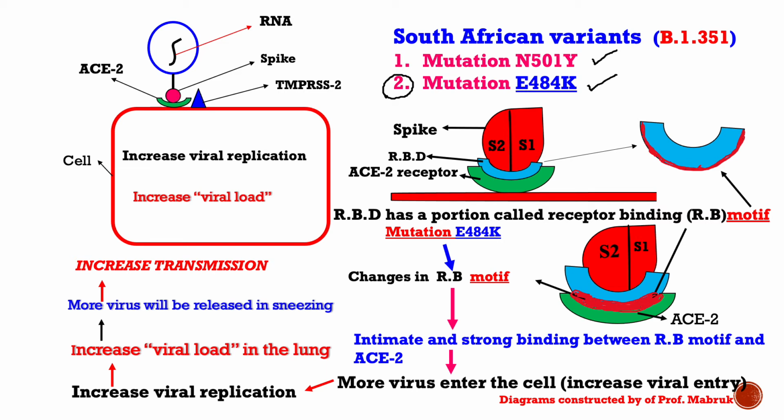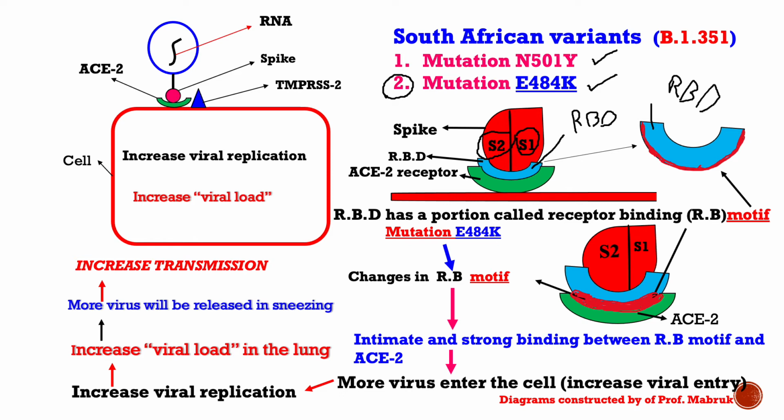Simply, if we look at this diagram, you remember we said that the spike protein has two components. The first is the S1 component of the spike protein. The second component is S2, and then we have the one in blue color, which we call the receptor binding domain, RBD.